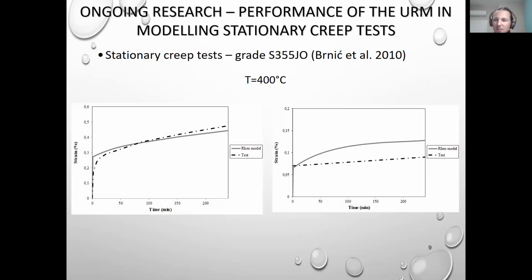This is ongoing research, and the current presentation only relates to 400 degrees, and we will conduct further modeling at temperatures higher than 400 degrees.